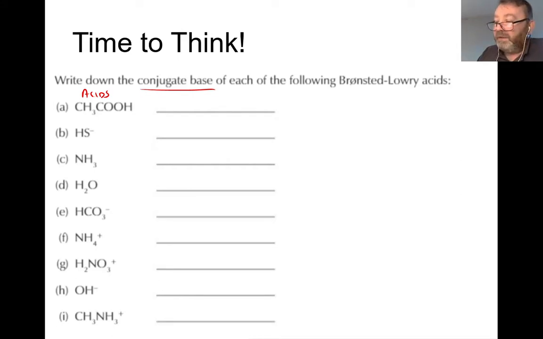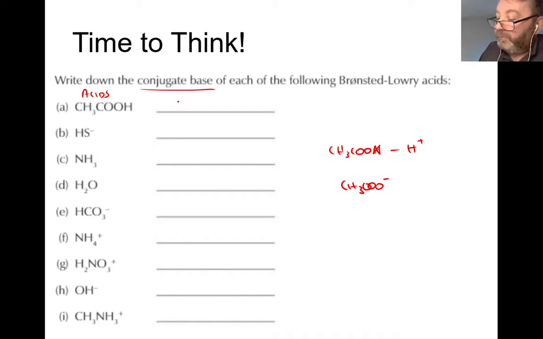So in order to get the conjugate base, we simply write down what this would be if it loses a proton. So if I take CH3COOH and remove an H+, the first thing that's going to happen is that the H is going to disappear, leaving CH3COO. And because I'm removing a positive proton, I'm going to have a negative left over.